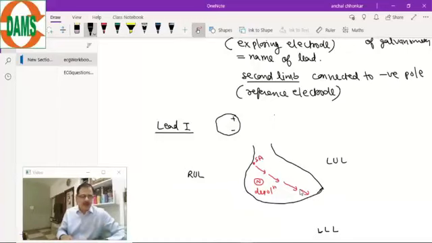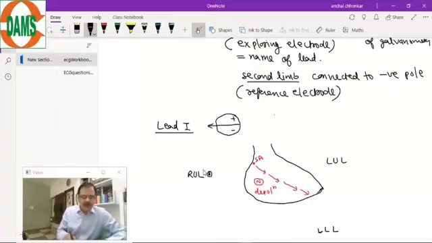So now what we'll do, we'll take the right upper limb like this. From the right upper limb we will take a wire, and this wire is connected into the lead 1 galvanometer. Hopefully you can remember from the previous class, basic 3.